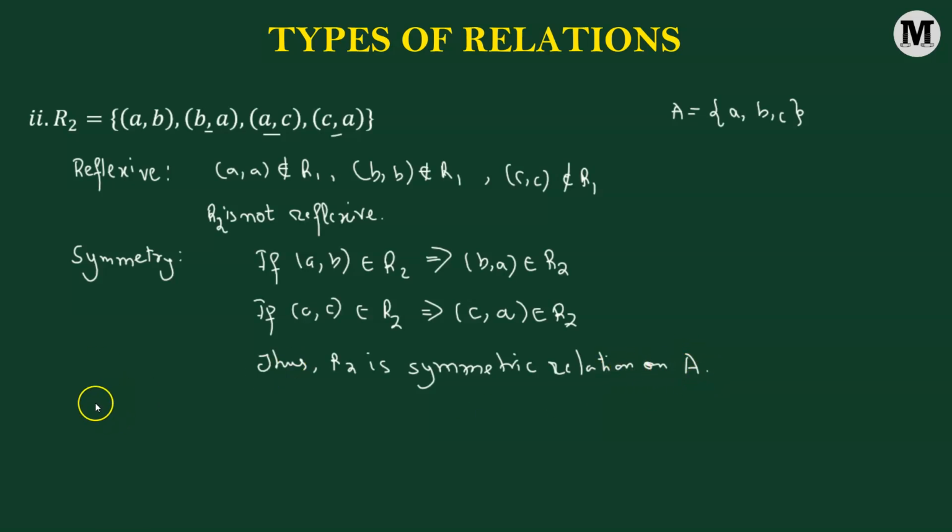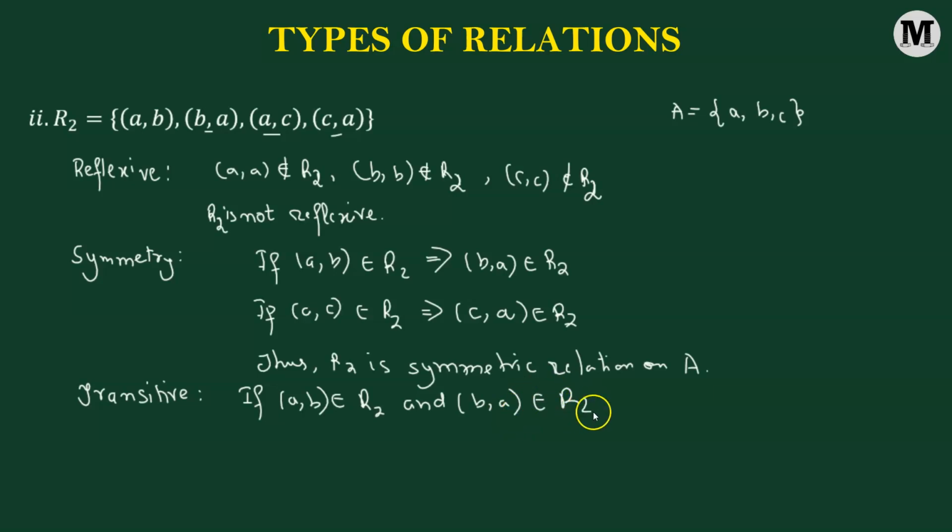Fine. Next, coming to the third one, we need to check whether the relation R2 is transitive or not. Here we'll consider the first two ordered pairs. If A comma B belongs to R2, and we have the second ordered pair B comma A belonging to R2, we're choosing the ordered pairs in such a fashion that the second element of the first ordered pair and the first element of the second ordered pair are the same.